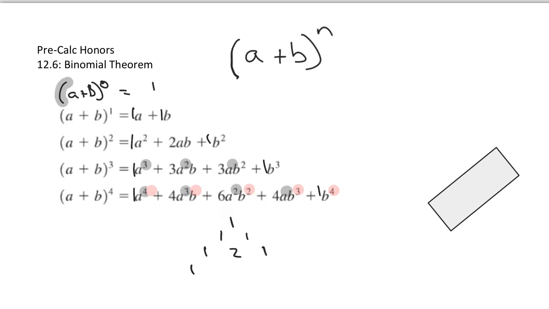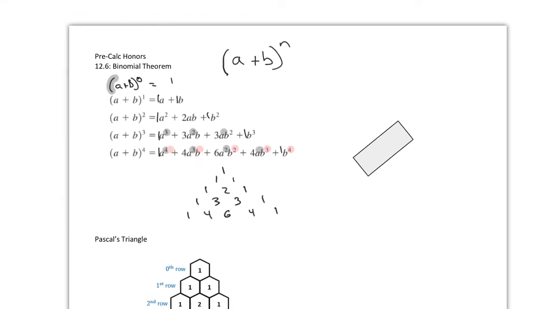Maybe some of you have seen something like this before. It's called Pascal's triangle. There's a mistake there; that should be a 1. So 1, 3, 3, 1. That's Pascal's triangle, and that's the pattern these coefficients follow.